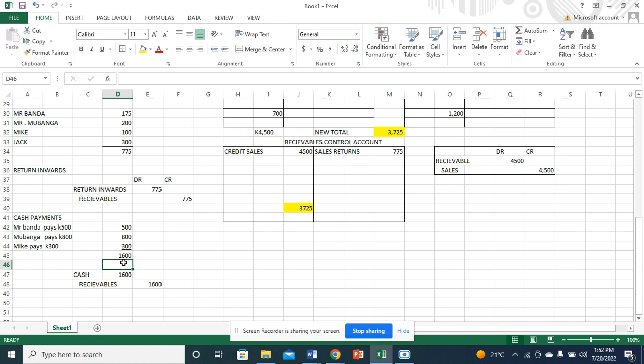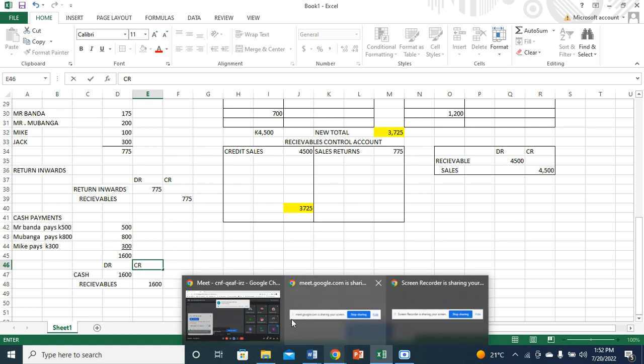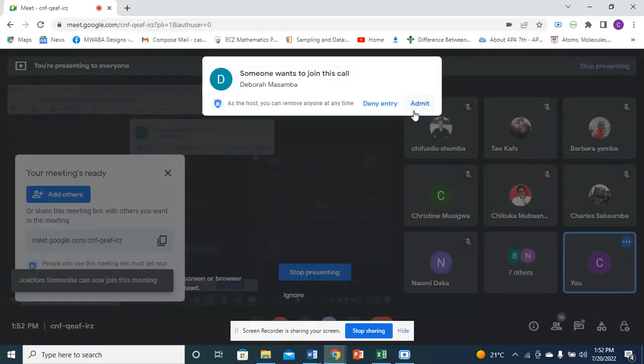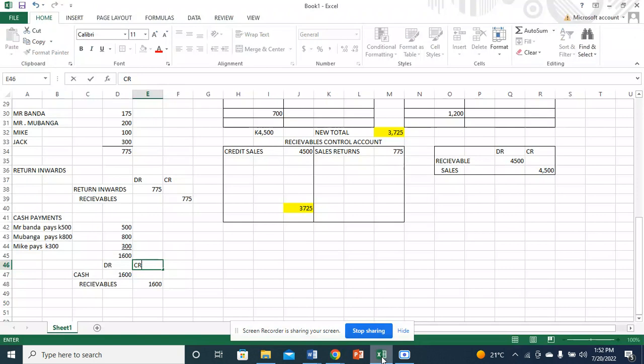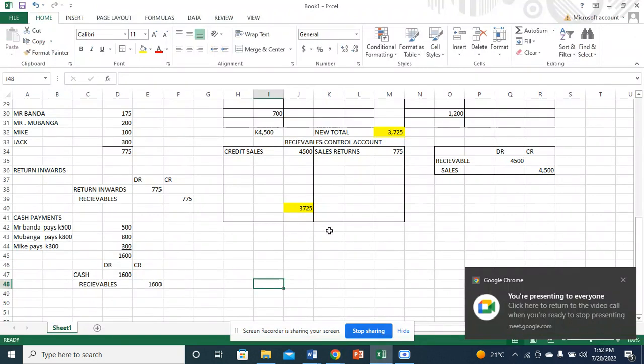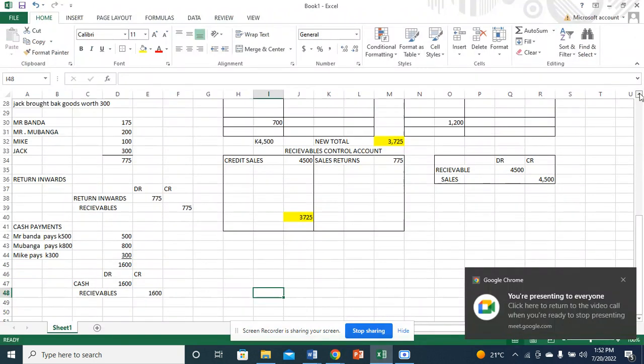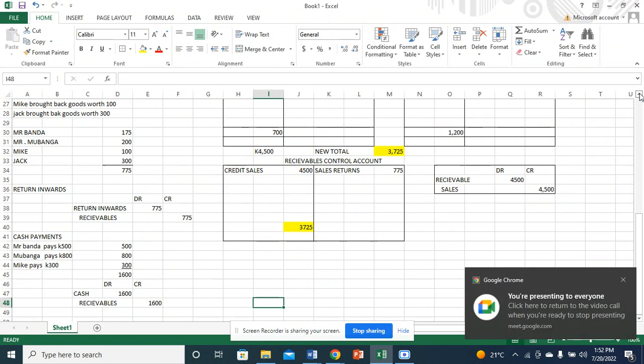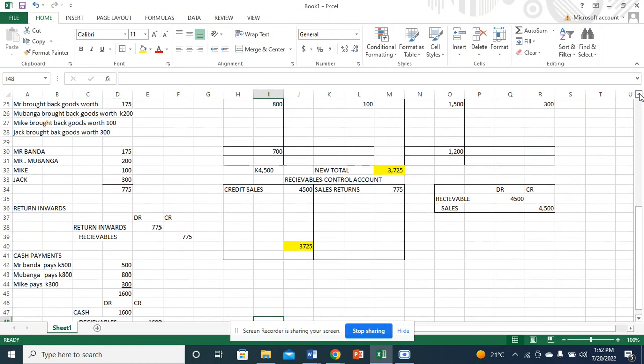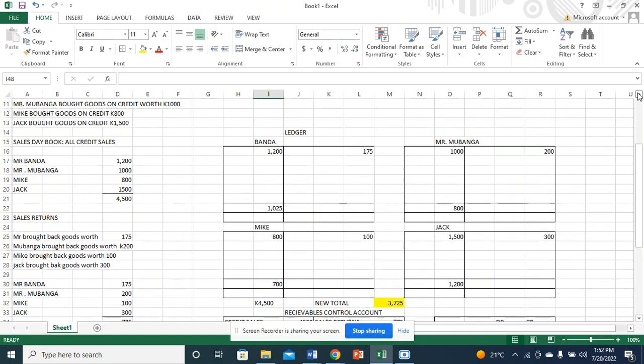So now we're going to the T accounts so that the ledger should agree with the control account. We go to our individual receivables. Mr. Banda pays 500, so we go to Mr. Banda's T account.